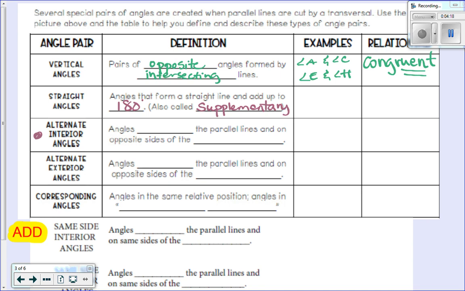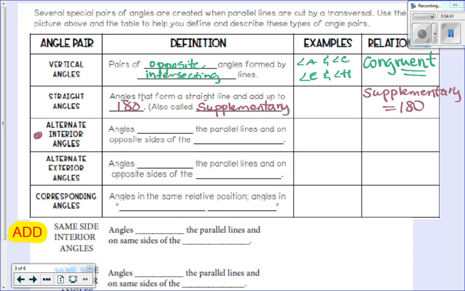And that's also our relationship, right? That they are supplementary. What's supplementary mean? What's that relationship? We're going to set up our equation. Supplementary angles are equal to 180. Good. So knowing that relationship is going to help you set up your equation correctly.